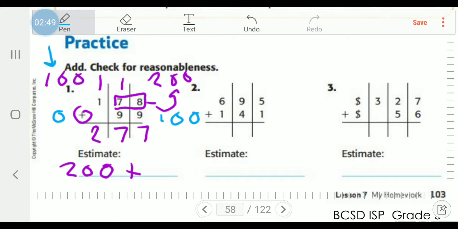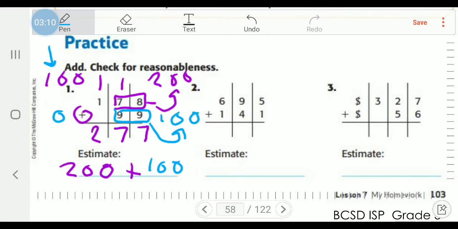So I'm just going to stay consistent. 99 is closer to which, 0 or 100? Well, you know that 50 is halfway. And since 99 is greater than 50, it's going to round up. So I'm going to put a 100 here.